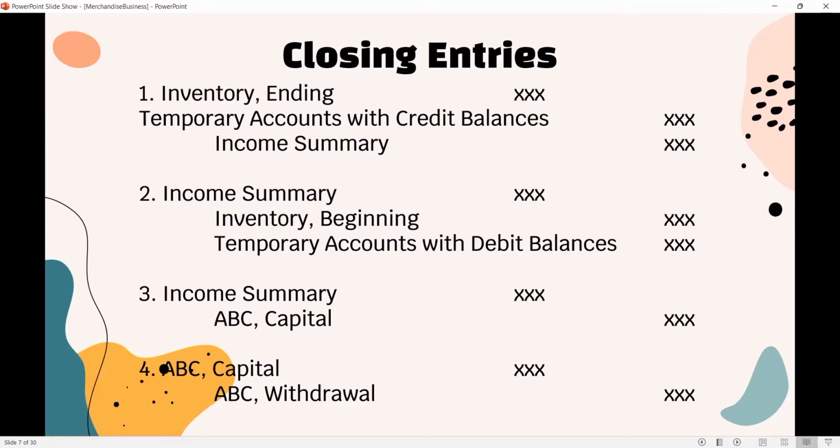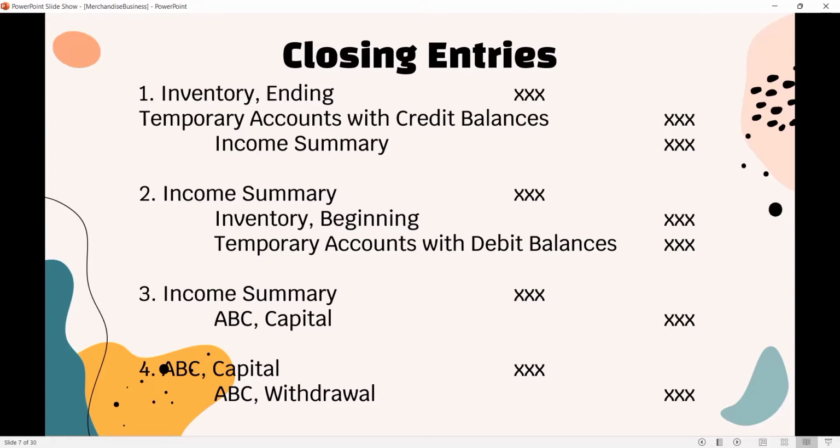So, yung number 2 naman, yun yung close expense account. So, i-debit mo yung income summary, i-credit mo naman yung temporary accounts with debit balances or the expenses. Credit balances, revenues. Tapos, pag debit balances is expenses.